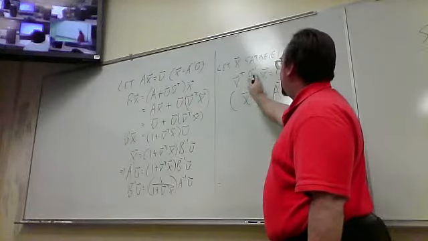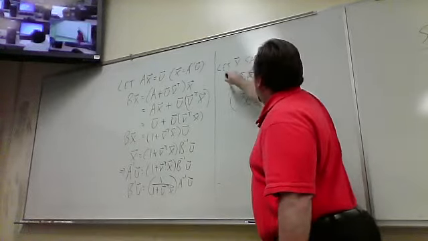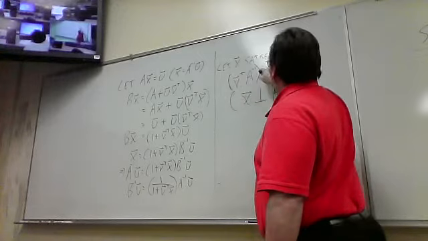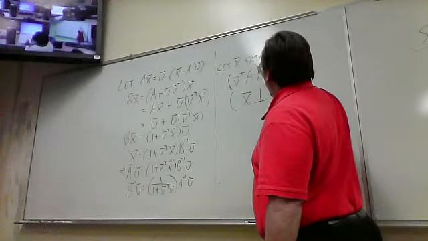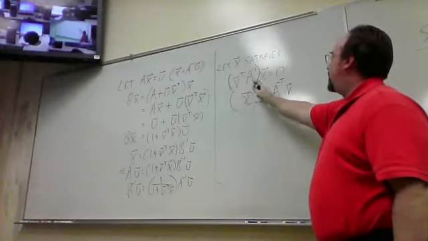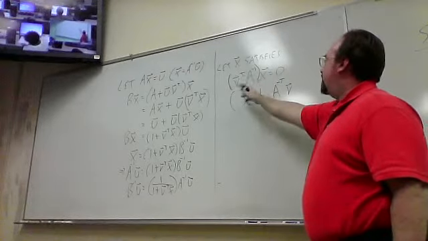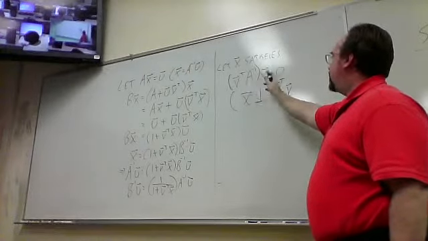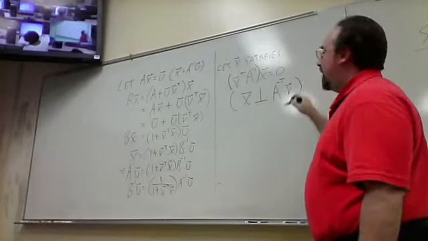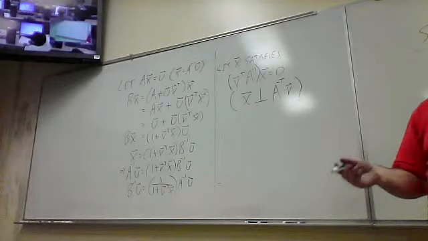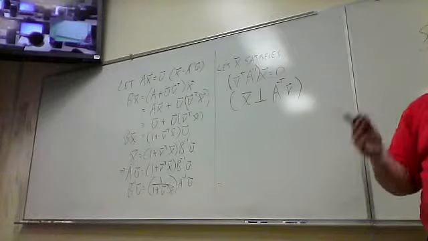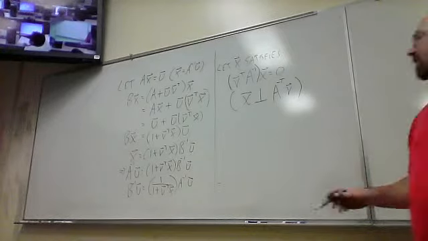So all I did was I transposed this, and so basically what I'm doing is I'm taking the dot product of this vector transposed with x, and I'm getting 0. Now, when the dot product of two vectors is 0, it means the vectors are orthogonal, or perpendicular to one another.